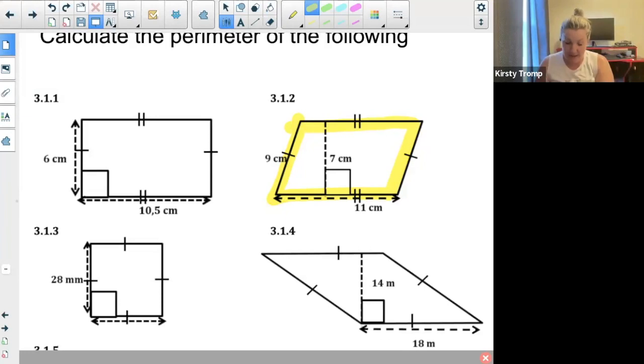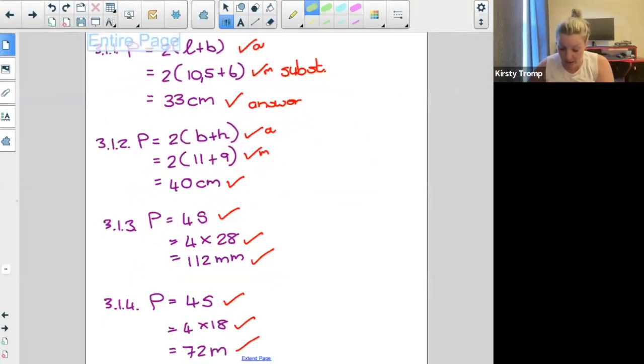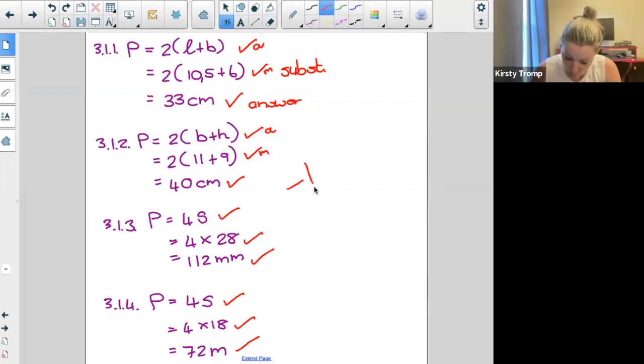Well done. Now, somebody said to me, ma'am, what happens if we leave off the centimeters? What happens if we don't put the units in? Well, guys, from 3.1, 3.2, 3.3, and 3.4, if you left them off of all those questions, or if you left them off of just one question, your teacher will say minus 1 for units.